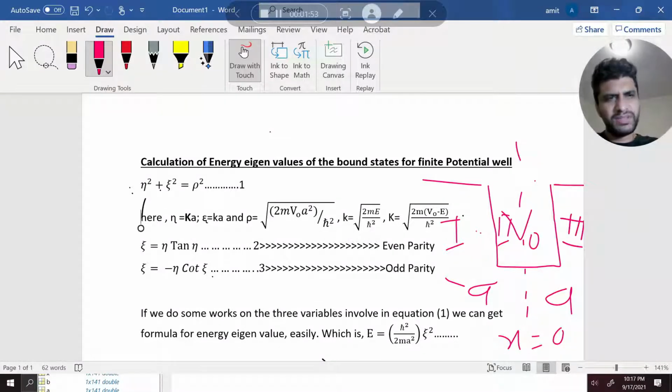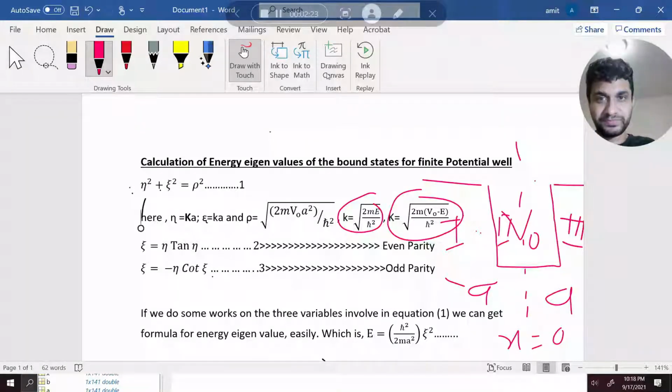Then after doing a simple gymnastic on the mathematics, I'll get equation 1, where eta is capital K a, xi is small k a, where capital K and small k are given like this. Both depend on the mass of the particle and the energy of the particle. But capital K also depends on the depth of the potential, which is V naught.